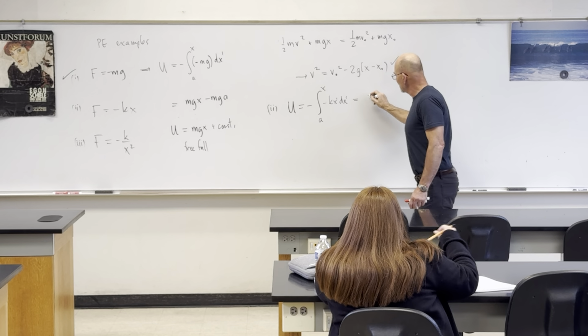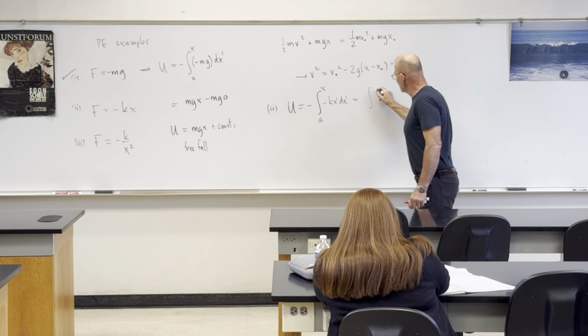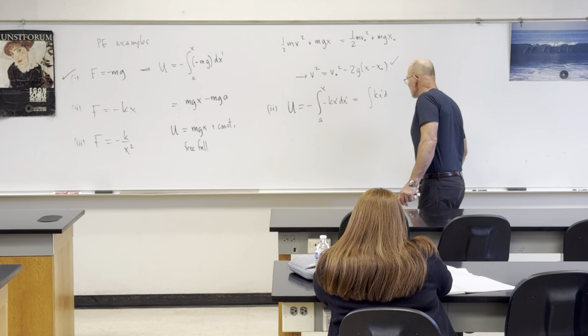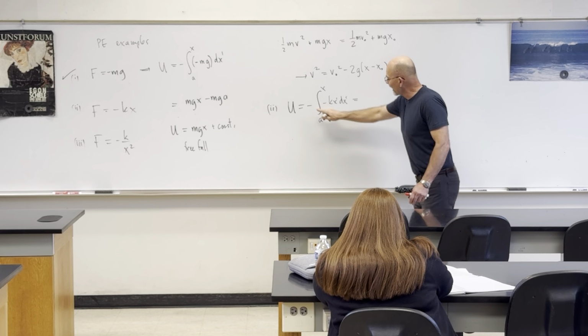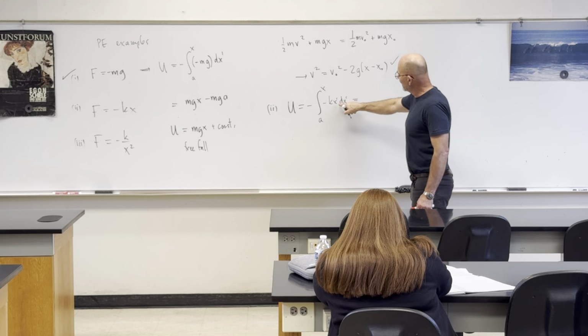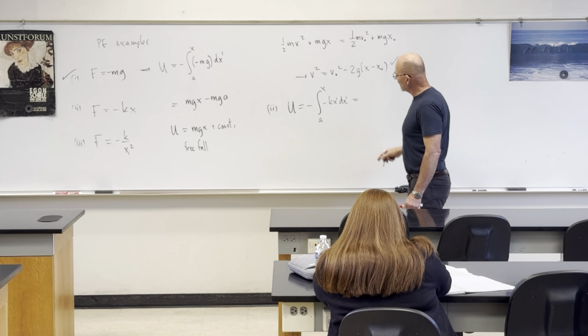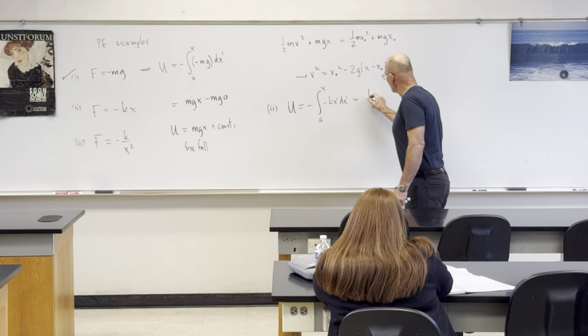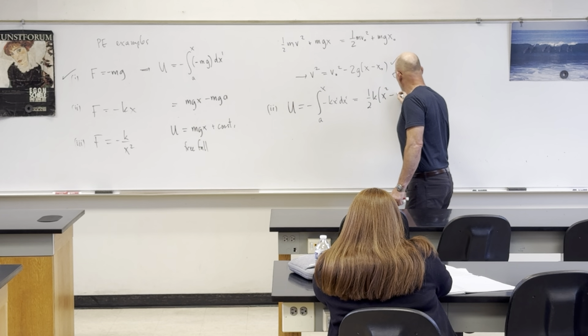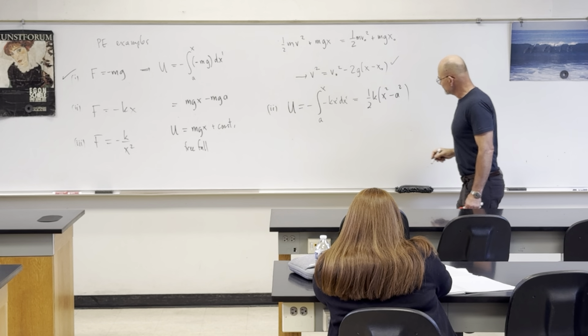Minus times minus is plus, so we get the k. And the integral of x dx is 1/2 x squared. So we get 1/2 k times x squared minus a squared.